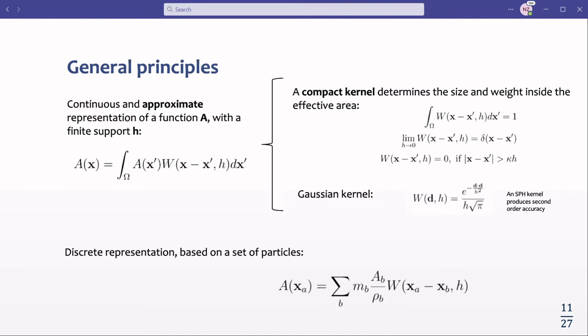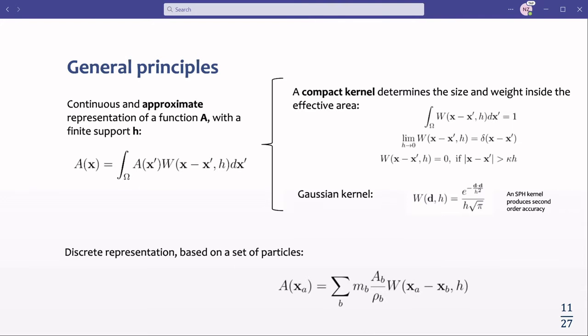However, as we have a discrete representation, we will have a discrete equation. But before going to that point, let's look at the compact kernel W.